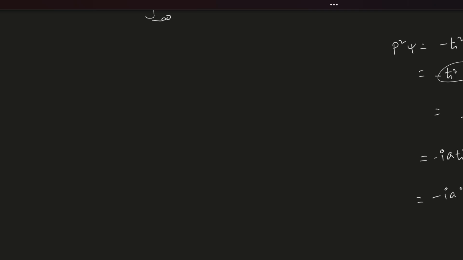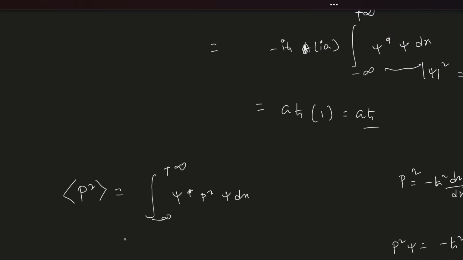Again psi prime is ia psi. So this is minus and minus, and minus i squared is plus 1, so a squared h cut square psi. So you place it here: psi star a square h cut square psi dx from minus to plus infinity.